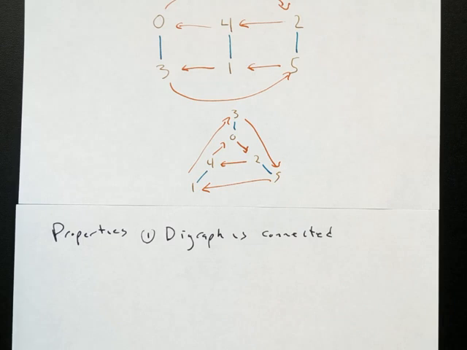Why does this have to be true? If it wasn't connected, it wouldn't be closed. I'd have a section over here, a section over there, and I'd have no way to get from one to the other. Oops, I couldn't get some things out of my group. If I'm getting the whole group with a finitely generated set, I've got to have connectivity.